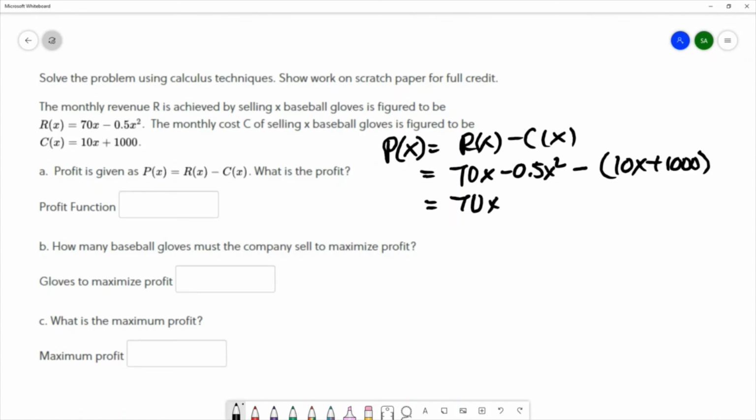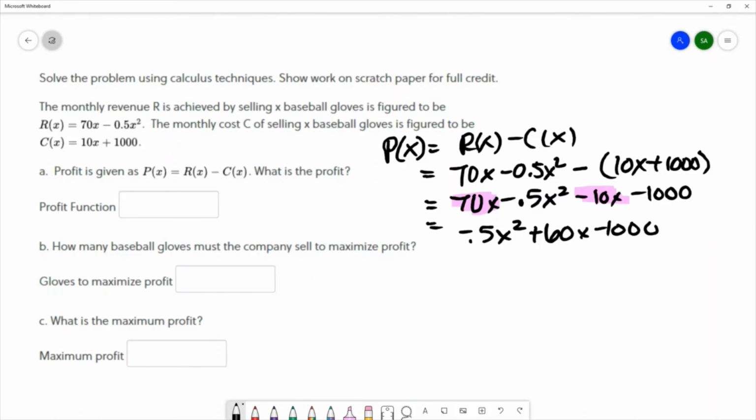That's 70X minus 0.5X squared minus 10X minus 1,000. And I'll combine like terms and also write these terms in descending order. It's a negative 0.5X squared. We'll do 70X combined with minus 10X to get 60X minus 1,000. So this function represents the profit function. P of X is negative 0.5X squared plus 60X minus 1,000.